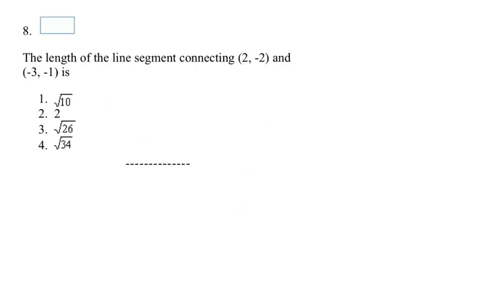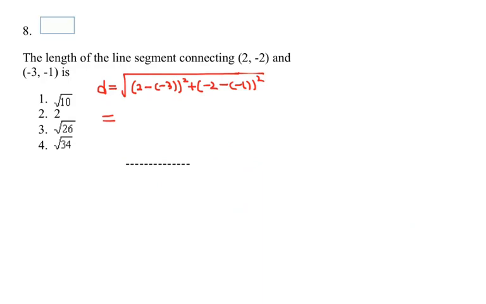Alright, let us move on to the next question. The length of the line segment here, so I'm going to call it d, is equal to square root of x sub 2 minus x sub 1. So we have 2 minus negative 3 squared plus negative 2 minus negative 1 squared.